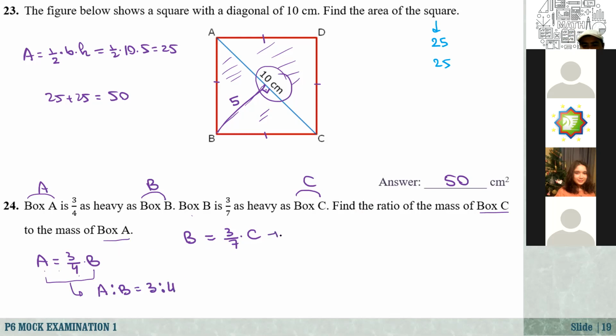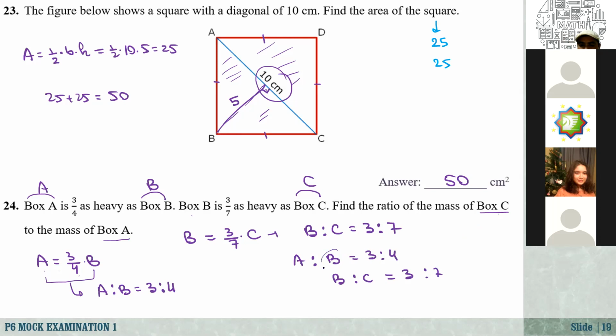Now, from this relationship, we should understand that B to C is equal to 3 to 7, right? The question is, we need to find C to A. So let me just write like this. Here we have A to B is equal to 3 to 4, right? And from here, B to C is equal to 3 to 7.